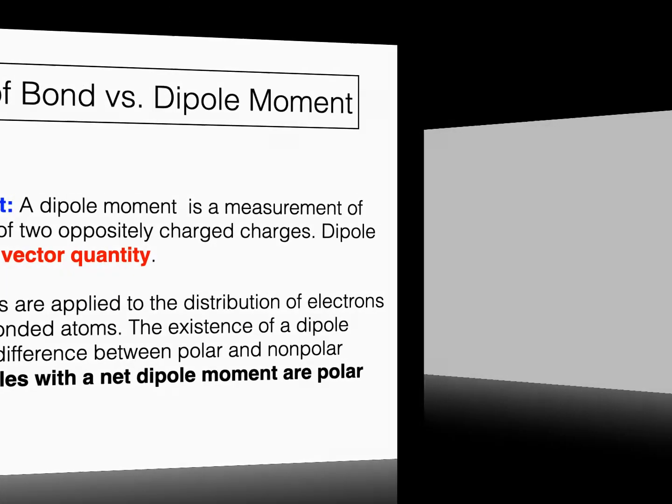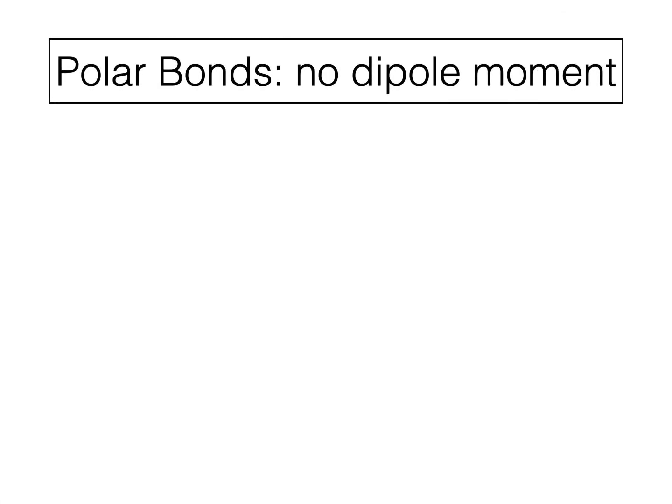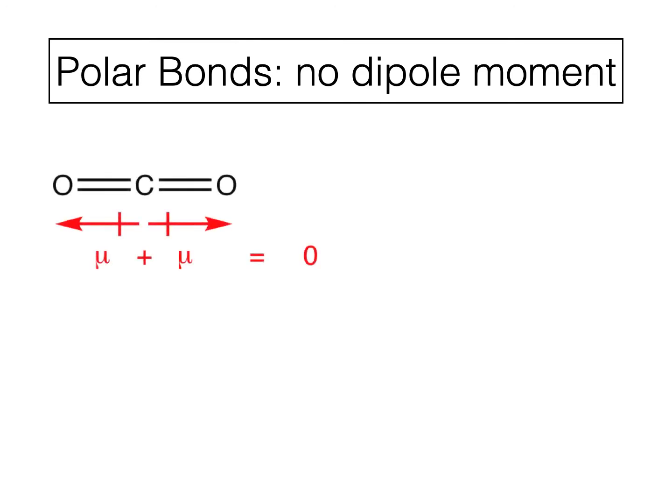So let's look at a situation where the individual bonds are polar, but there ends up not being a dipole moment. In this first example, I've got a carbon dioxide molecule. Carbon is doubly bonded to two different oxygens. That's what the double line means.